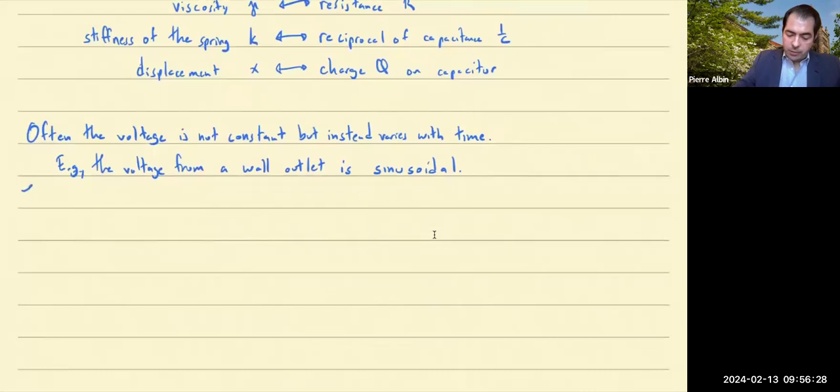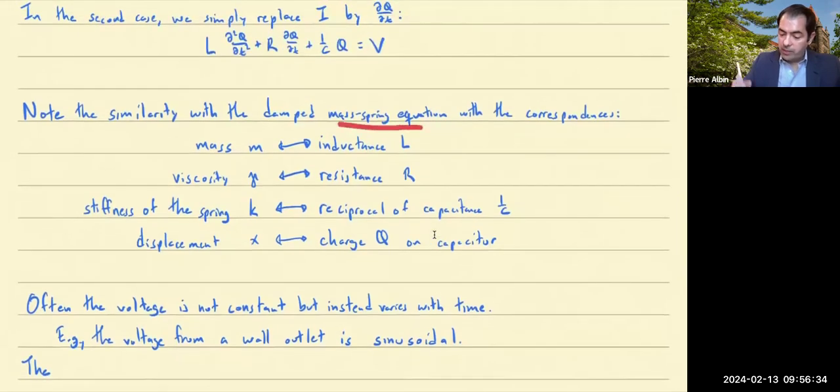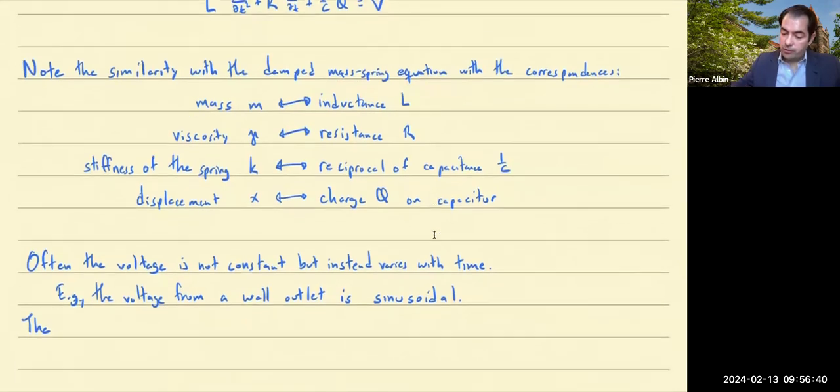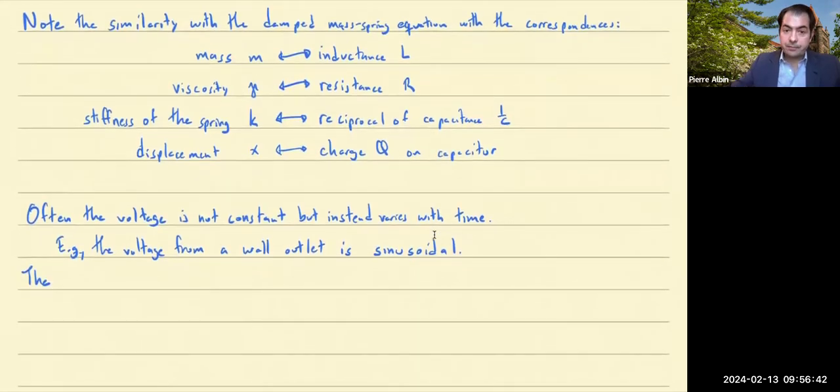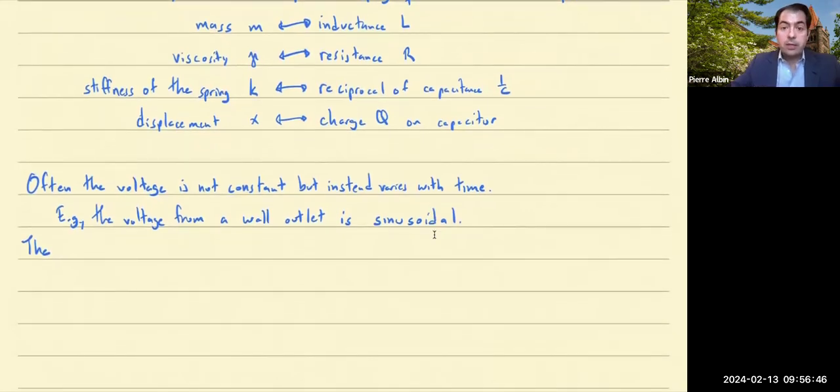Okay, but now that we know that there's a correspondence between the mass spring equations that we studied in the last couple of classes and this equation for the charge, we can use this analogy to import some of the observations we've made.